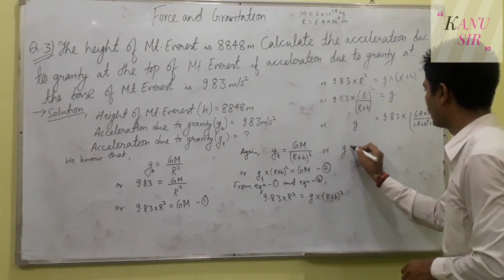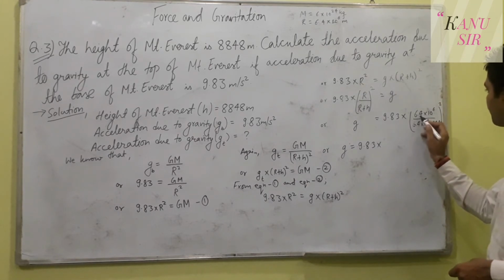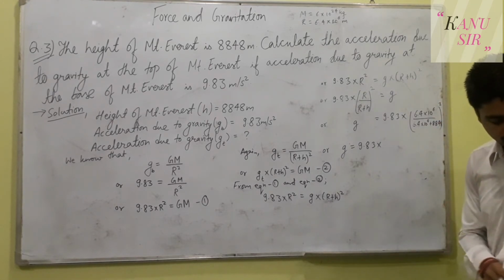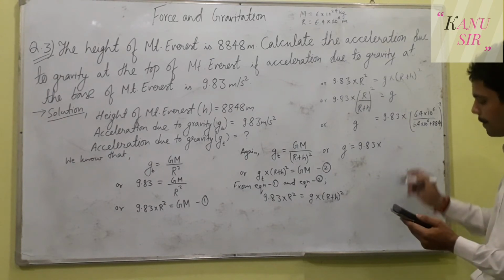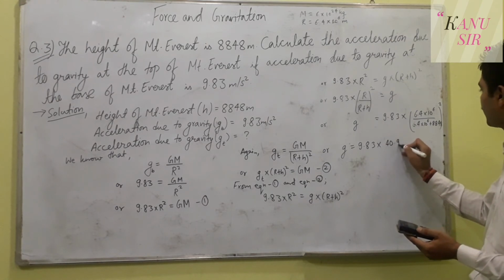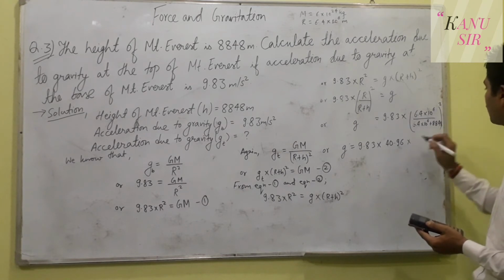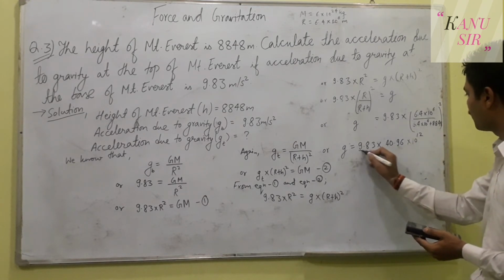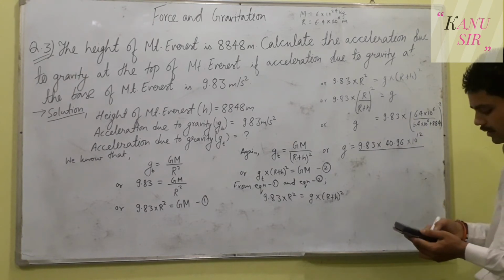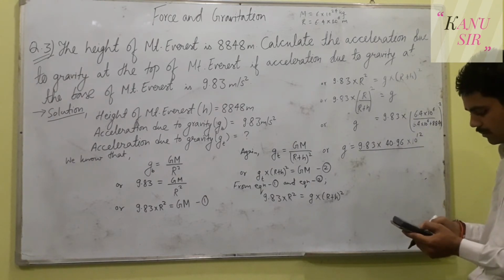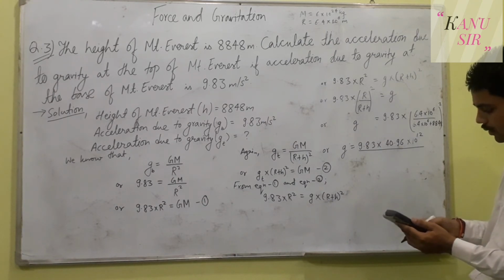Just check here, 6.4 into 6.4 is 40.96 into 10 to the power 6 times 2, which is 10 to the power 12. But there is a problem, there is a plus sign, so first we have to solve that: 6.4 into 10 to the power 6 plus 8848.